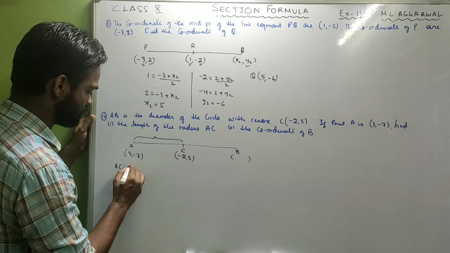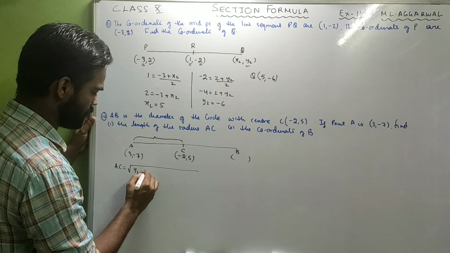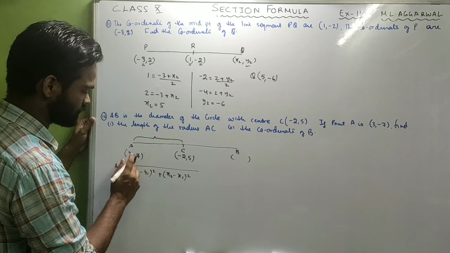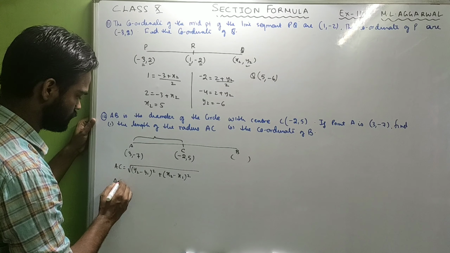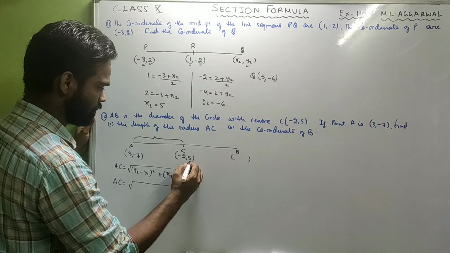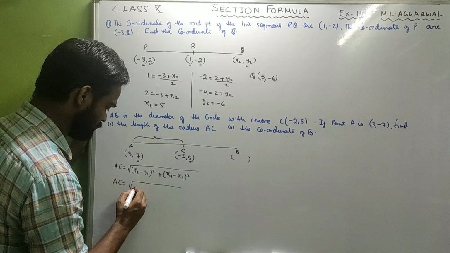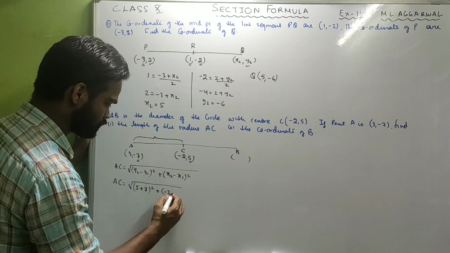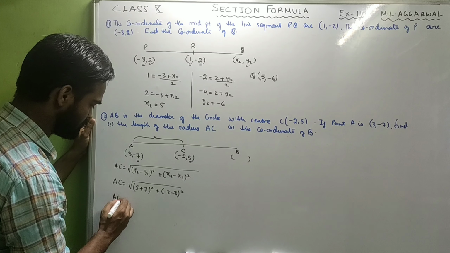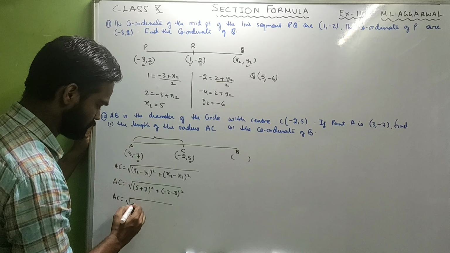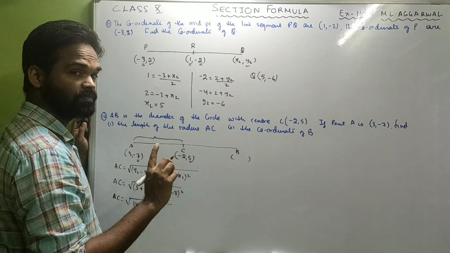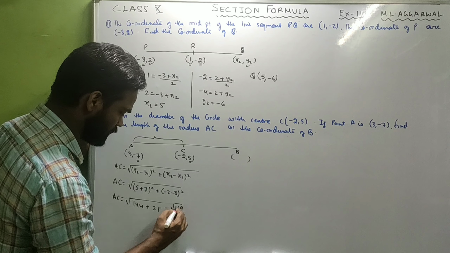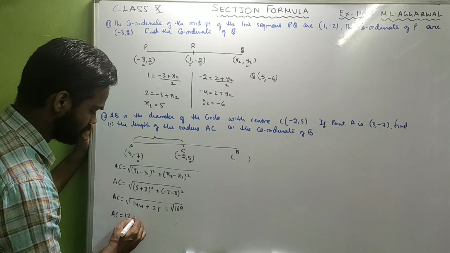We know the distance formula: root of y2 minus y1 whole square plus x2 minus x1 whole square. So your radius is 5 minus of minus 7, that's 5 plus 7 whole square, plus minus 2 minus 3 whole square, which means AC is nothing but 12 square is 144 and minus 5 square is 25. So that's root 169, which means AC is 13 units.